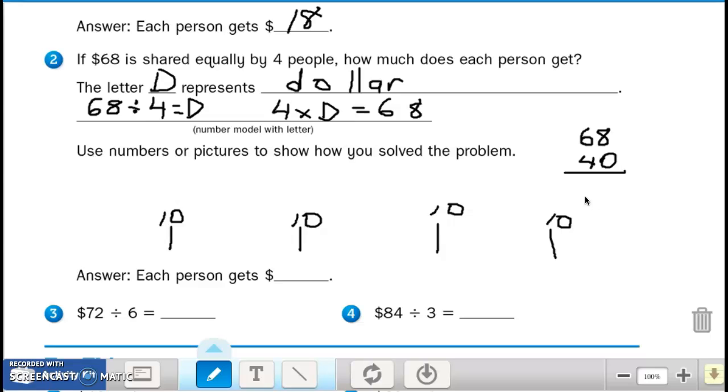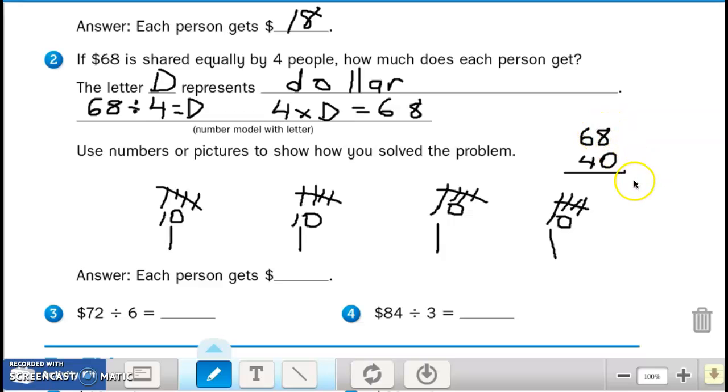I'm at 40, 41, 42, 43, 44, 45, 46, 47, 48, 49, 50, 51, 52, 53, 54, 55, 56, 57, 58, 59, 60.